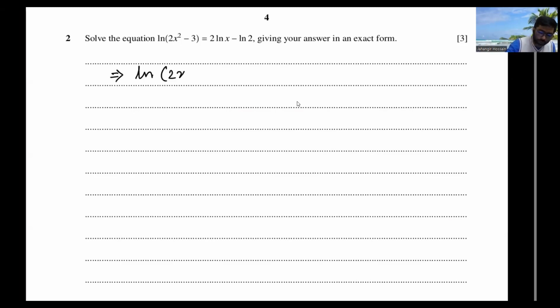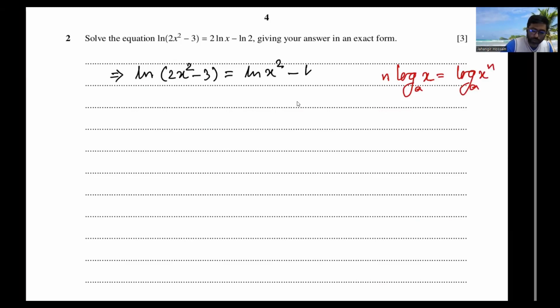The left hand side is ln of 2x squared minus 3. On the right hand side, we need to combine the two logs. You have the coefficient of 2 with ln x. So what do we do with the coefficient? Remember, if there is a coefficient in front of the log, we can transfer this coefficient as the power of the variable in the log. So we'll do it here. It becomes ln x squared, then minus ln 2.